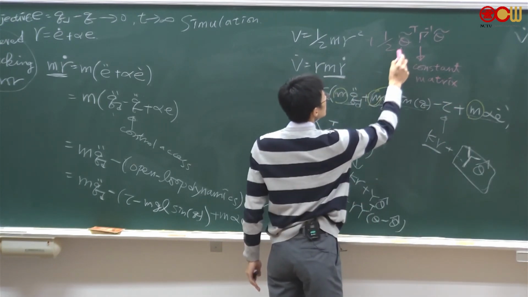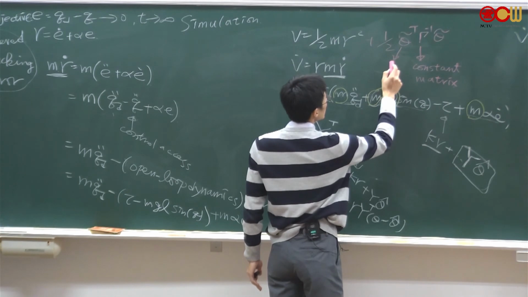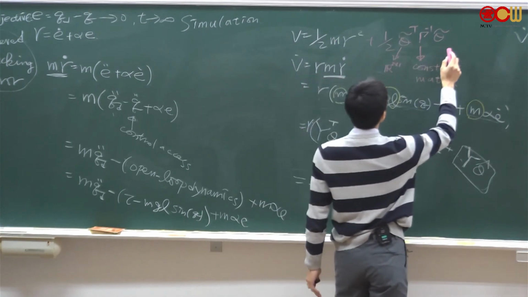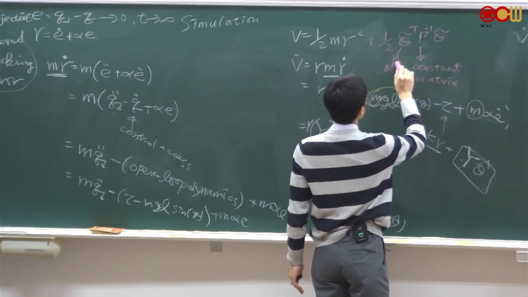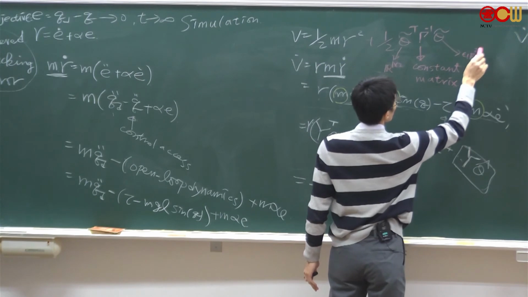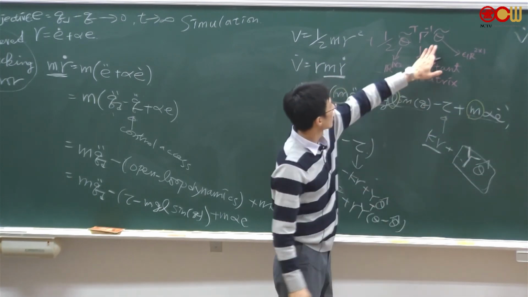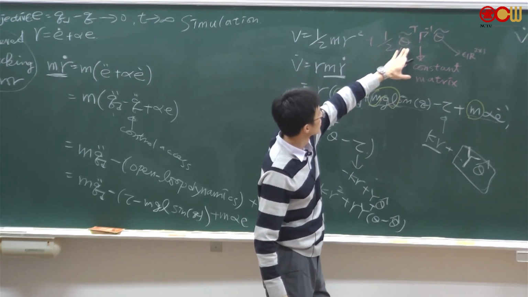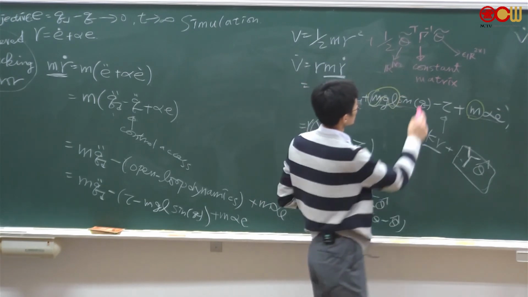And this is a column vector, row vector, because it's transpose, row vector. And this is a 2 by 2 matrix.